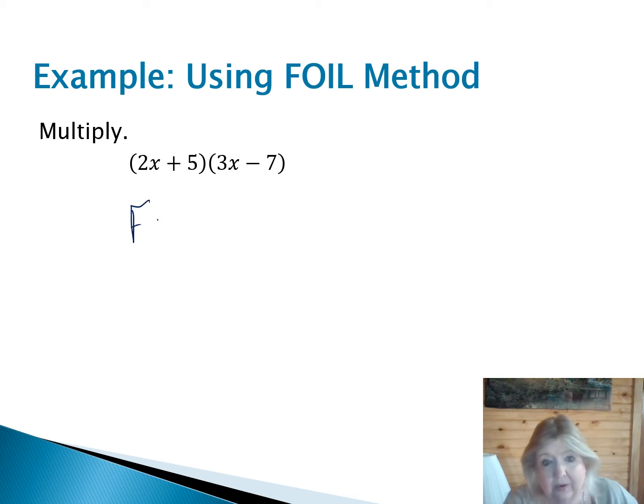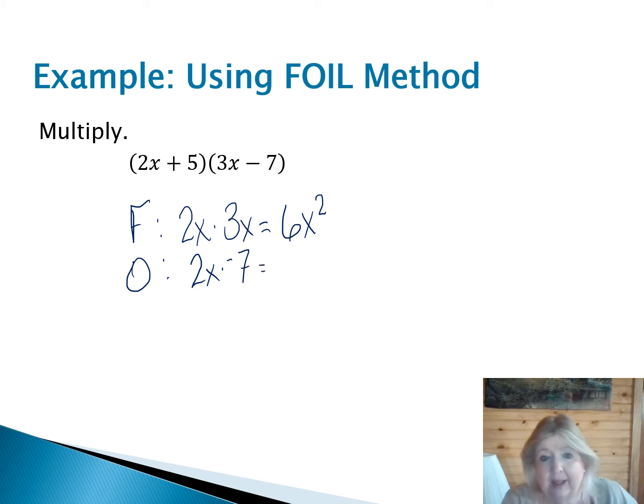F represents the first two, so that's 2x times 3x. That's going to be 6x squared. O representing the outsides. So on the far left I have 2x. On the far right I have a minus 7. That's going to give me negative 14x.